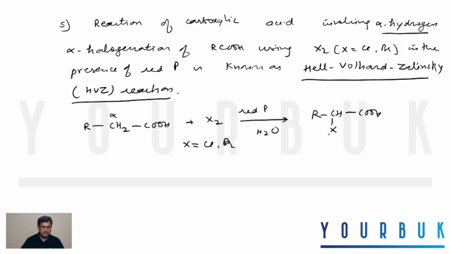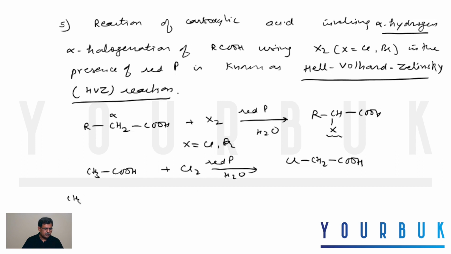And once this X is obtained, it gives all the reactions of the alkyl halide. So there are two examples now. The first one is this: acetic acid on reaction with chlorine in the presence of red phosphorus, H2O gives a chloroacetic acid.